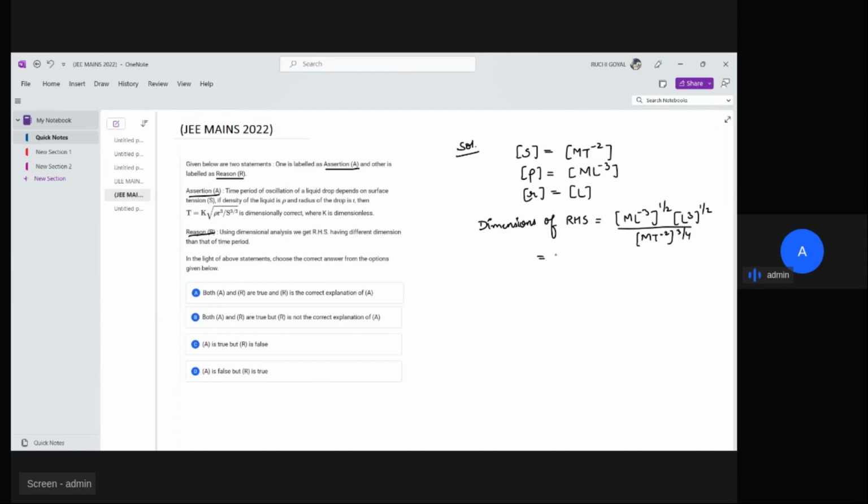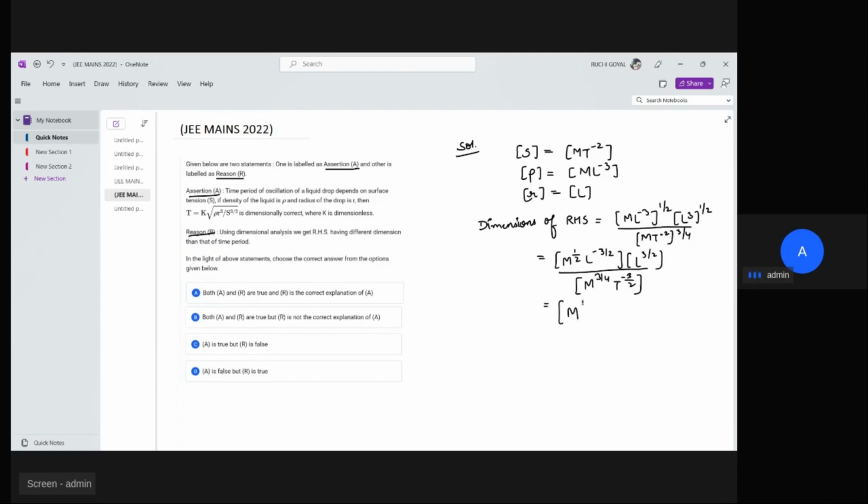So we can calculate it: m to the power half, L to the power -3/2, L to the power 3/2 in the numerator, in the denominator m to the power 3/4 and t to the power -3/2. Correct? So we can calculate it.